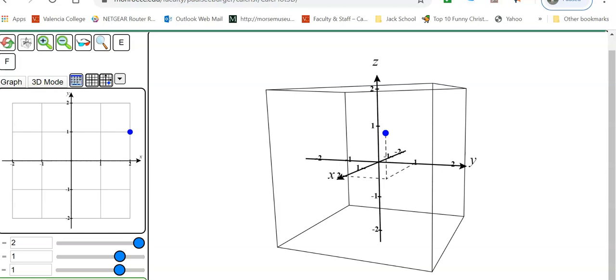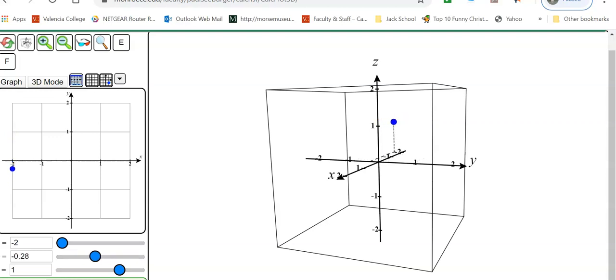Let's try another one. Let's try -2, 1, 1. So -2, 1, 1 means I'm going to go back behind the origin 2 units, and then I'm going to go right 1 and up 1. Let's just try one that's a little different.